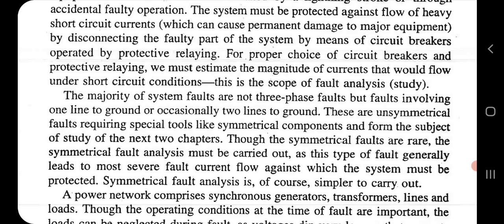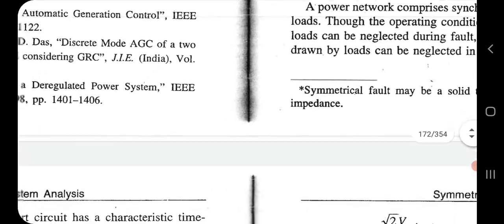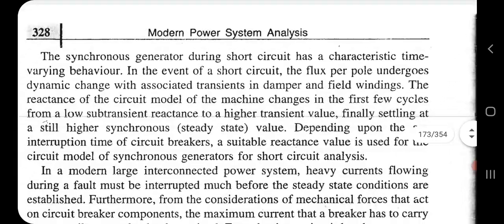So it is very important to study this. During any fault, the current value increases, and the current value is the major quantity by which we find out what actually happens.